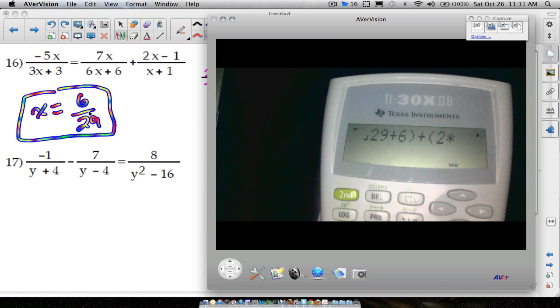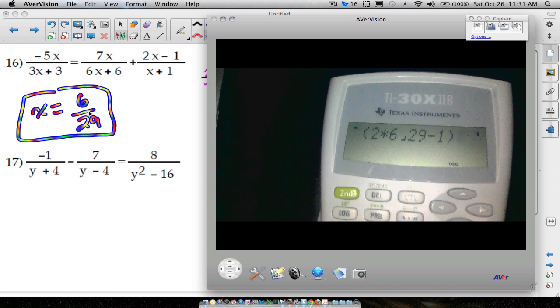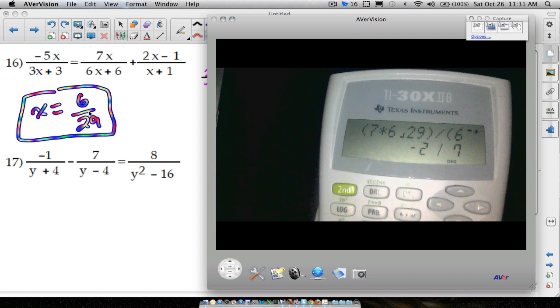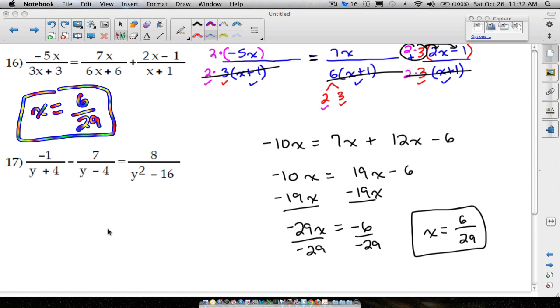So 2 times 6 over 29 minus 1, close it up, divided by 6 over 29 plus 1. Let's see if we get what we want. Negative 2/7. Fantastic. Remember, that's the same exact answer we got when we plugged in 6 over 29 on this side. So that is the correct solution. Don't be scared of weird looking fractions like that.